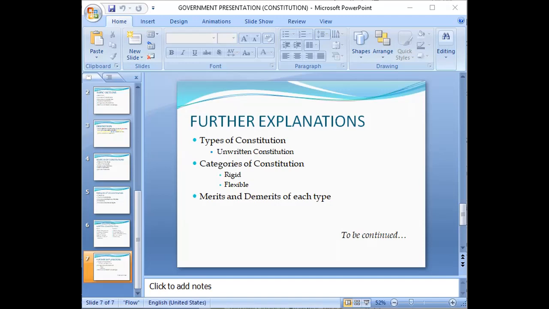Once you find that trick, you are able to go faster. So the demerit of unwritten is that there is no ease of reference, because you can't say you violated this law and refer to it, since it's not even in a single document.